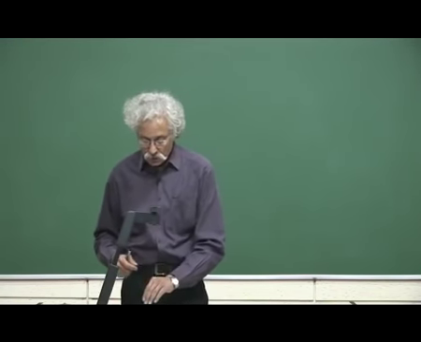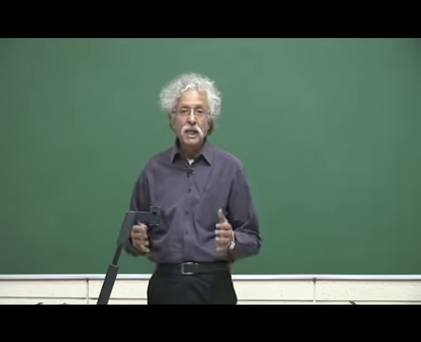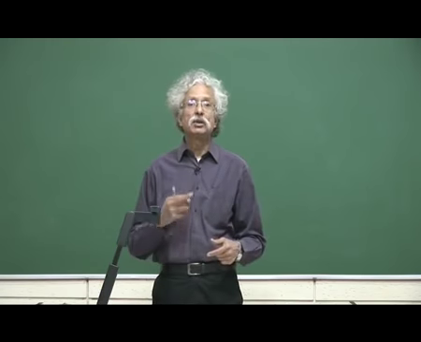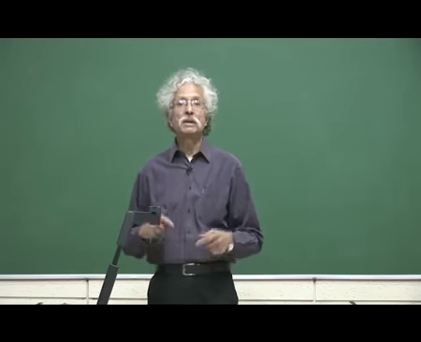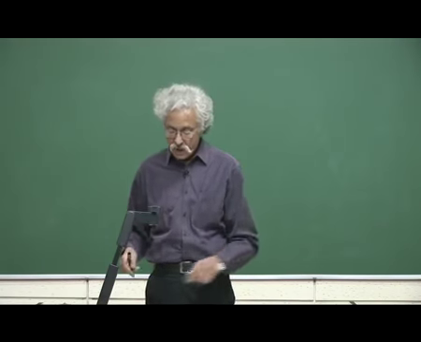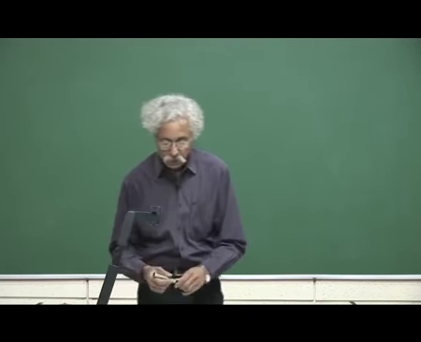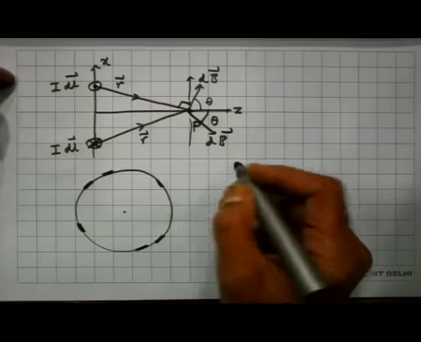So the first thing I notice is the total magnetic field produced by this circular loop must be along the z axis, and I can calculate the magnitude of the magnetic field now.